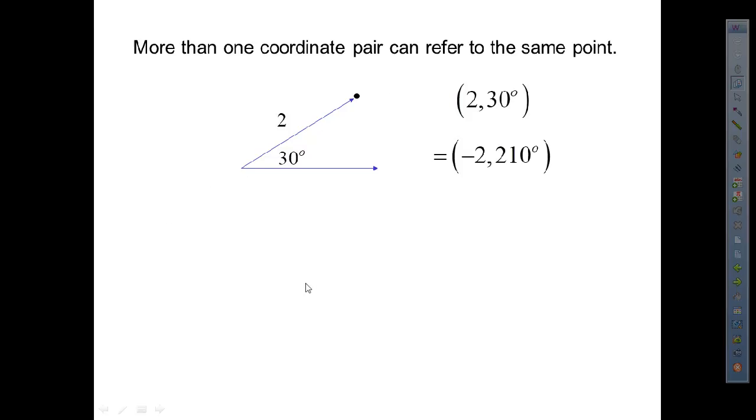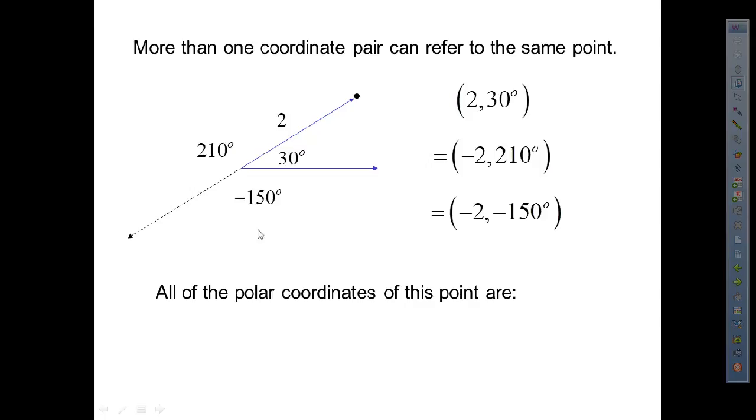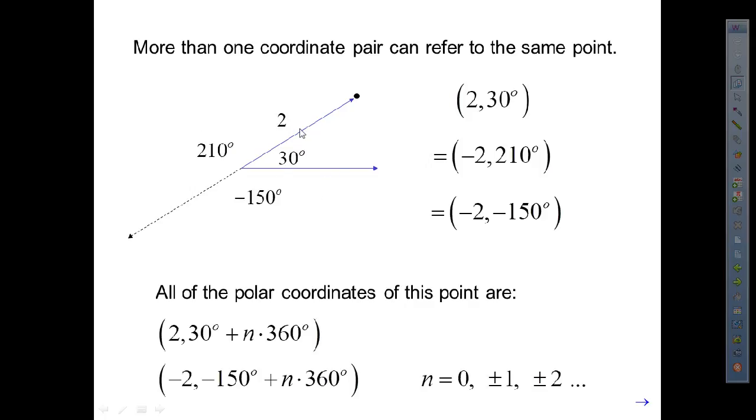Then we can come back and go all the way around to 210, but then go negative 2, and that gives us the same point. We can also go negative 150 degrees and negative 2, or we can go 2 and 330 degrees.